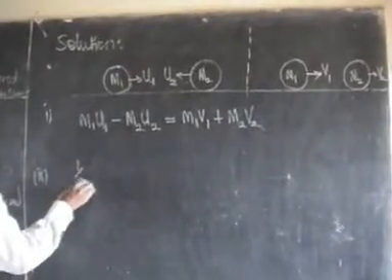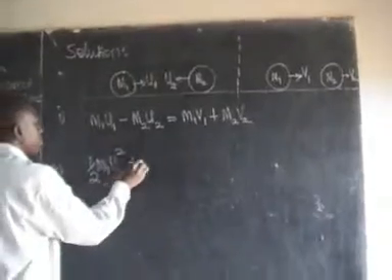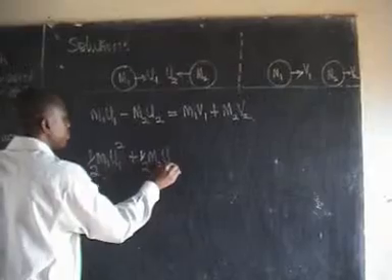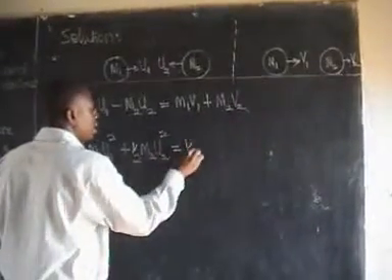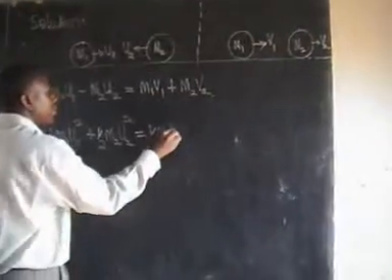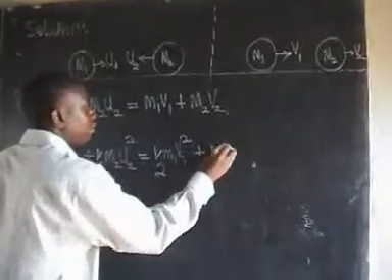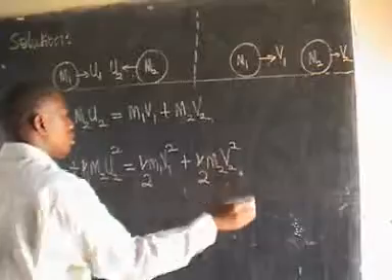So we shall have a half m1 u1 squared plus a half m2 u2 squared must be equal to a half m1 v1 squared plus a half m2 v2 squared.